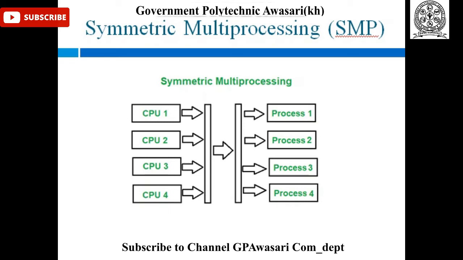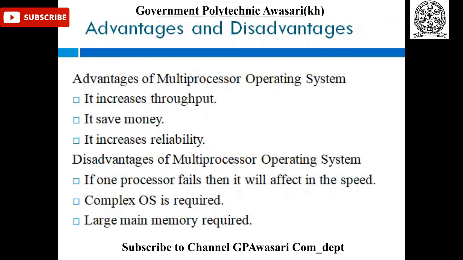Now, let's see some advantages and disadvantages of this operating system, that is multiprocessor operating system. The advantages of the multiprocessor operating systems are: it increases throughput, it saves money, and it increases reliability.